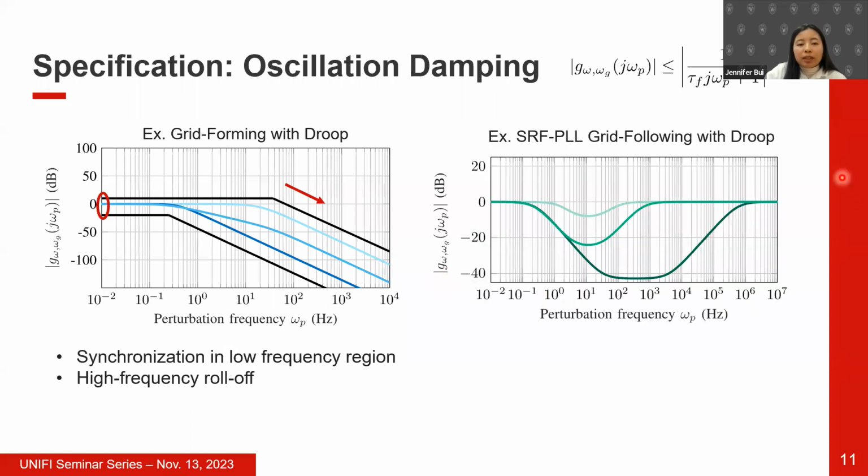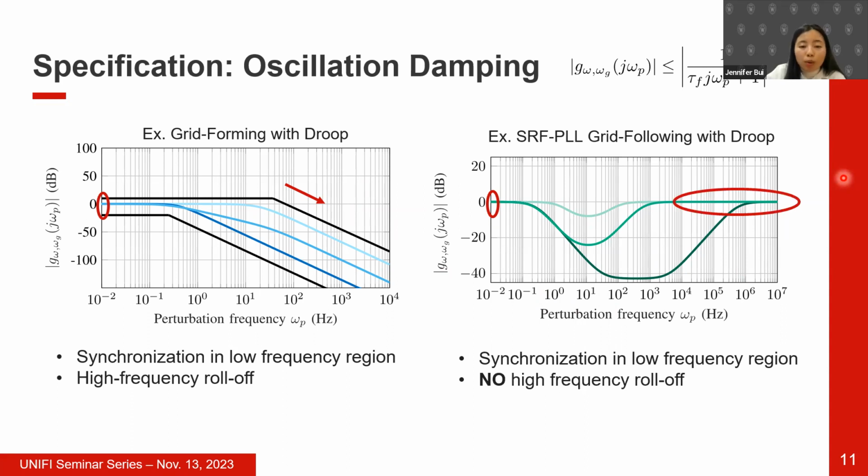In the case of the grid following converter, we find that, again, in the low frequency region, there is this synchronization. However, there is no high frequency roll-off. And actually, there is a limited range of attenuation compared to that of the grid forming case.